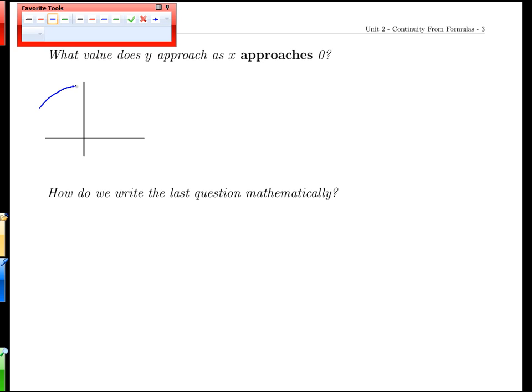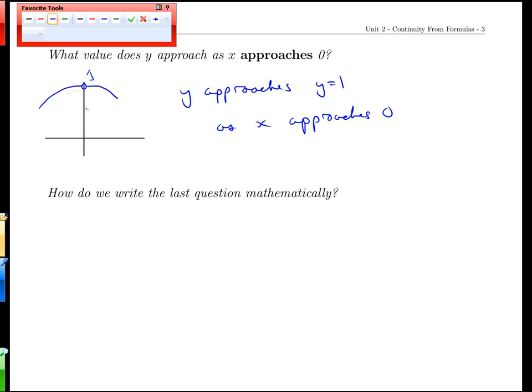Here the graph is doing fine, doing fine, doing fine, and if it wasn't for this silly little hole, we would say, well, the graph is approaching, or that y approaches y equals 1 as x approaches 0. If we were just to ignore this little point here and just say, hey, where am I going following this graph? Then the answer would clearly be y equals 1.